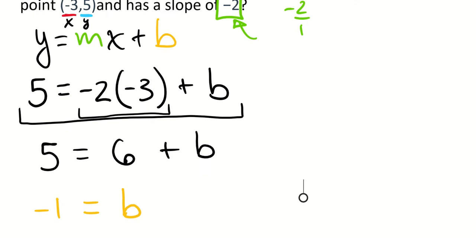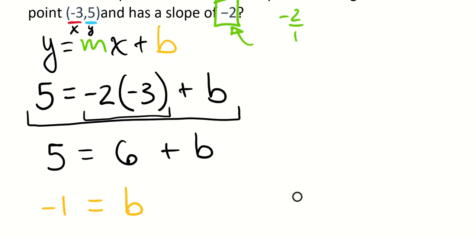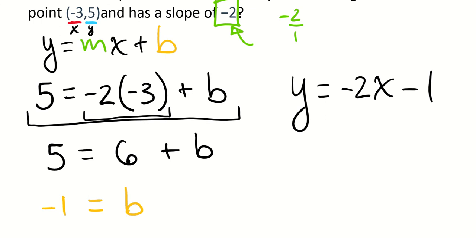Because I now know my y-intercept and my slope, I can write the equation of the line. The equation of the line is y equals -2 times x minus 1.